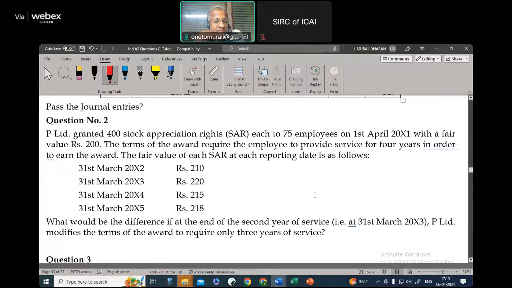The fair value of each SAR at each reporting date is as follows: 210, 220, 215 and 218. What would be the difference if at the end of the second year, that is 31st of March X3, P modifies the terms of the award to require only 3 years of service instead of 4 years of service?